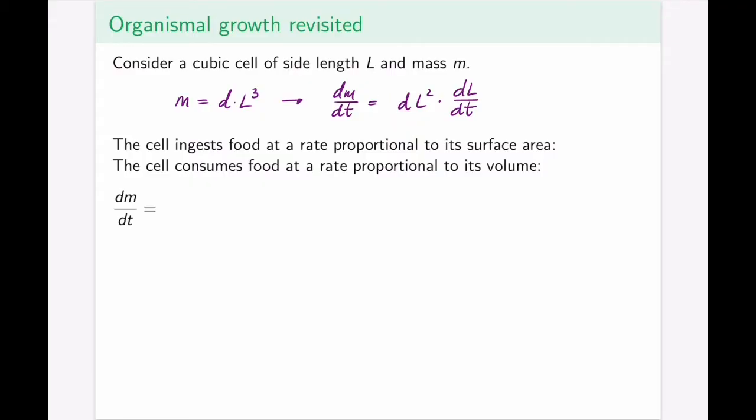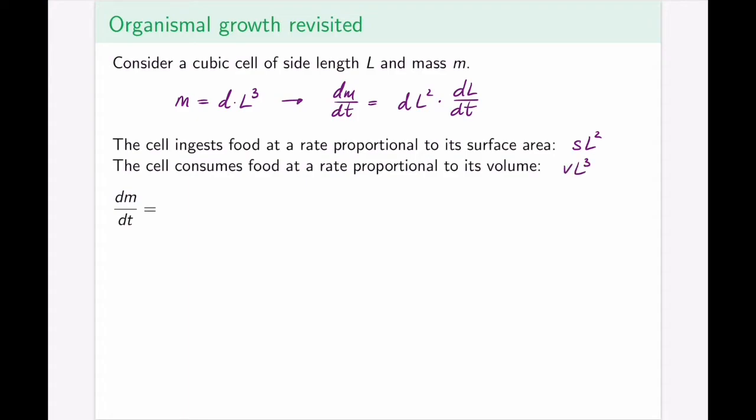Later, we also approached the derivation of this formula from a different angle, talking about how the cell ingests food at a rate proportional, with proportionality constant s, to the surface area, and it consumes food at a rate proportional to the volume, so VL cubed.